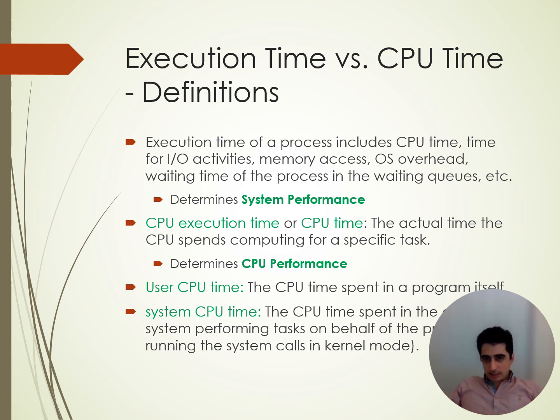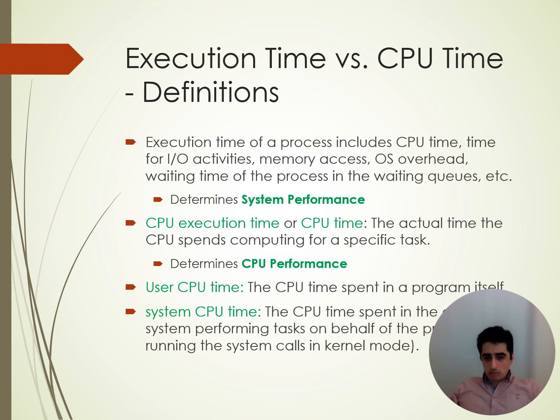Execution time of a computer process is basically the total time it takes for the CPU and input-output devices and memory and operating system to do their job and do different tasks for that process to get executed completely. So the execution time is the total delay of a process, which is made of multiple components.